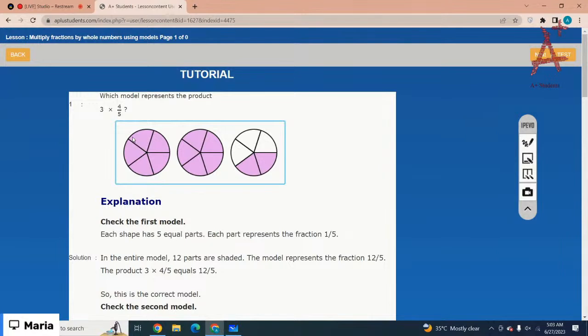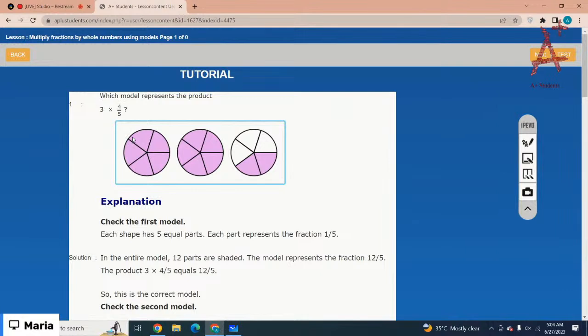So 4 by 5 means each shape has 5 equal parts and each part represents 1/5 of the fraction.